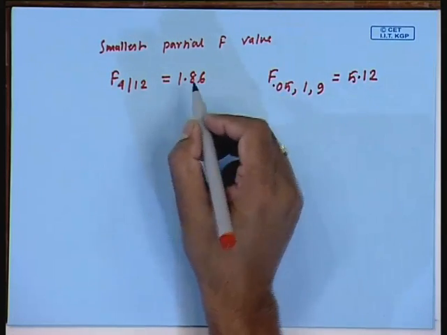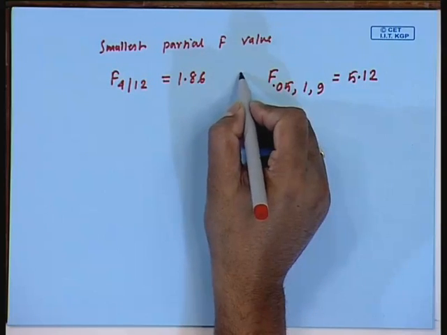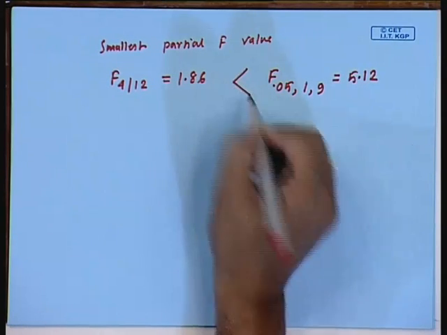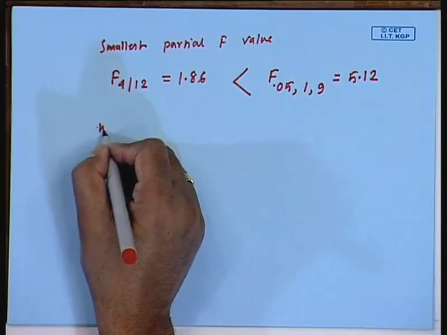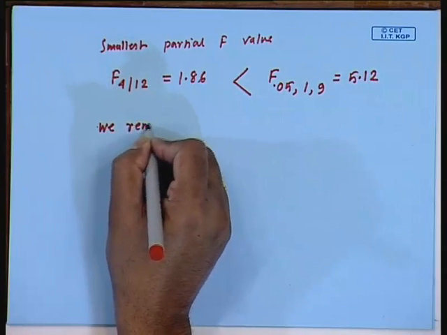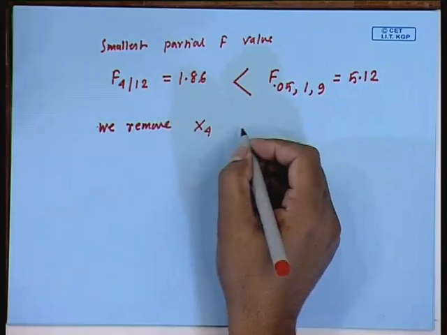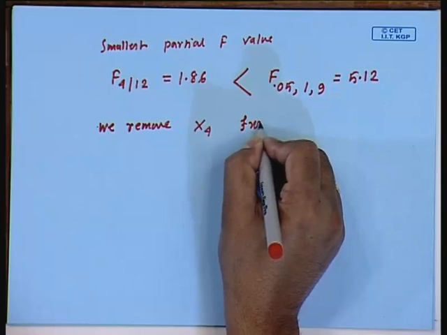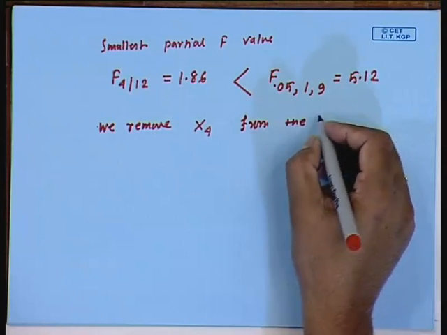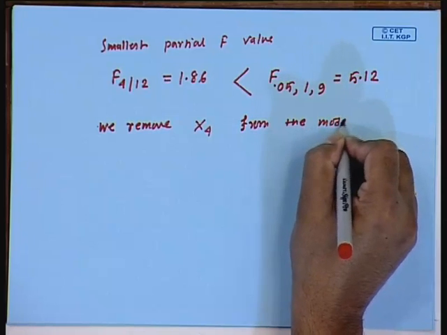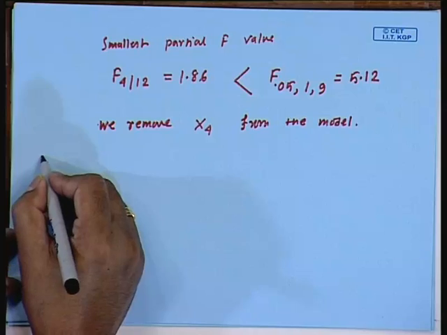The partial f value associated with x4 is less than this one. So, we remove x4 from the model.